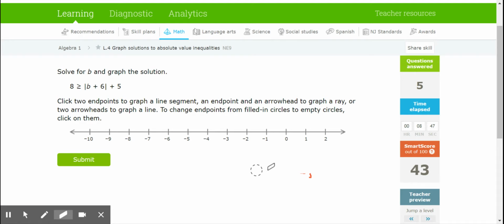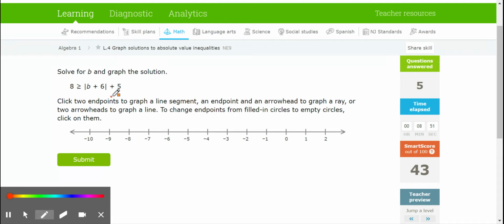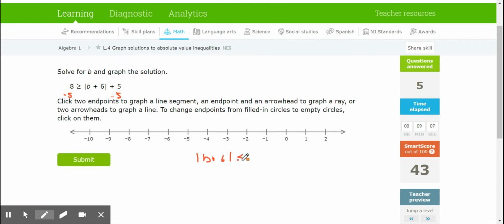Okay, so this is not isolated. So the first thing we would want to do is subtract 5 from both sides. So that's going to give me a 3 on this side. And 3 is greater than this, which means this is less than 3. So absolute value of B plus 6 is less than or equal to 3. Less than, and statement.